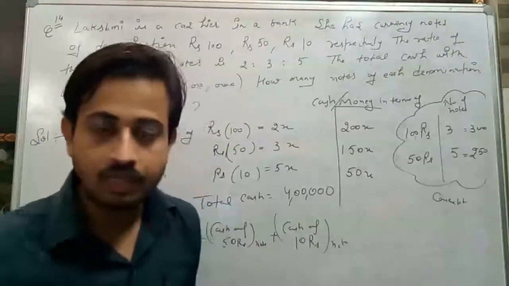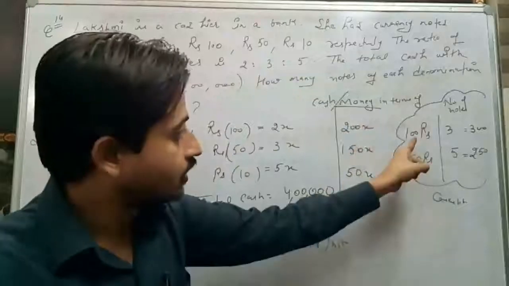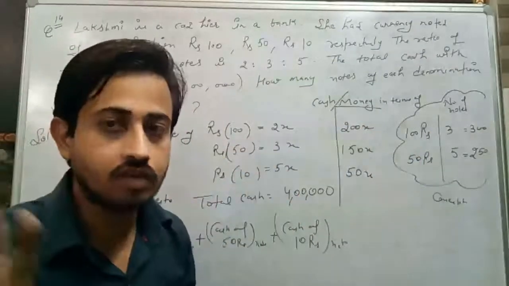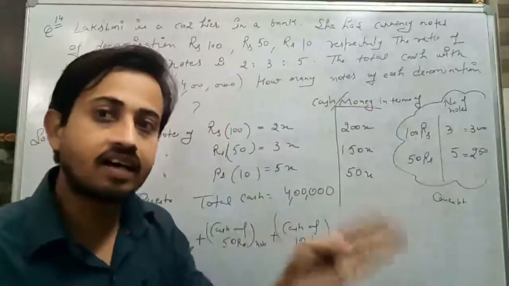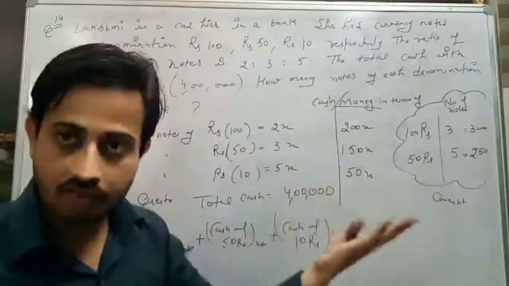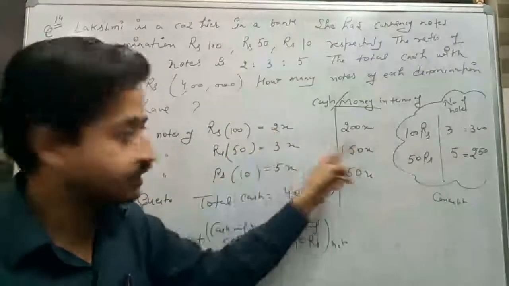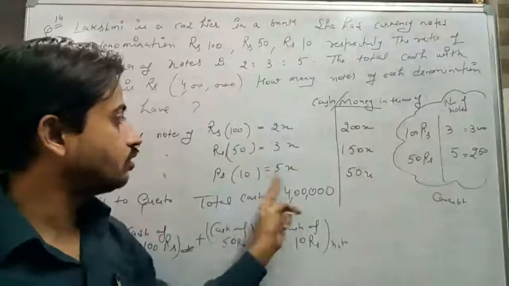Are you getting my points? Please make a note: if I have 100 rupees notes and the number of notes is 5, then the cash is 100 into 5, 500. Same I did here: 100 into 2x is 200x, 50 into 3x is 150x, 10 into 5x is 50x.